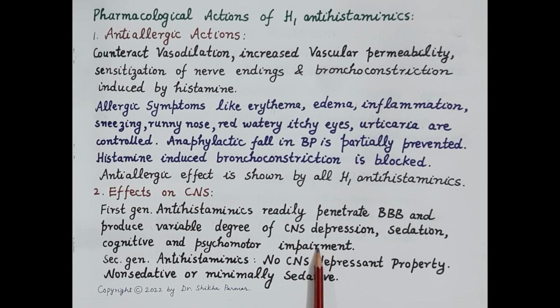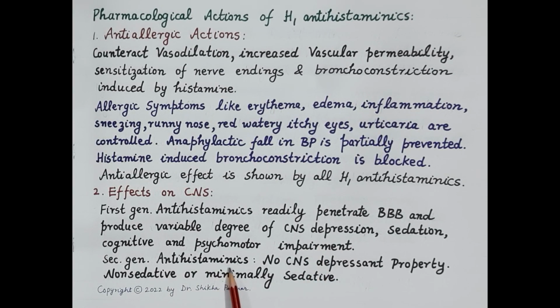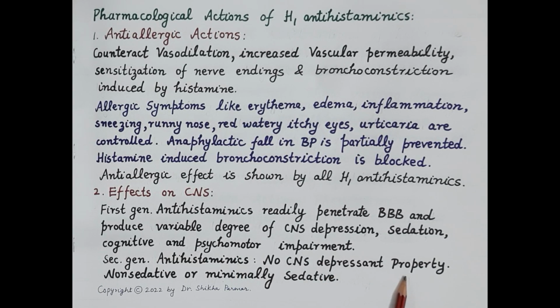And therefore, patients on first generation antihistaminics are instructed not to drive or to operate machines. On the other hand, second generation antihistaminics show limited or poor passage through the blood-brain barrier, and thus they do not exhibit central nervous system depressant property, and moreover they are either non-sedative or minimally sedative.